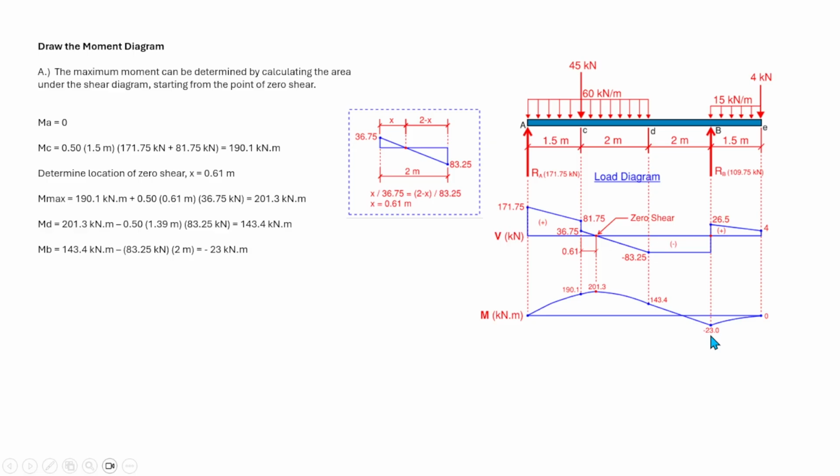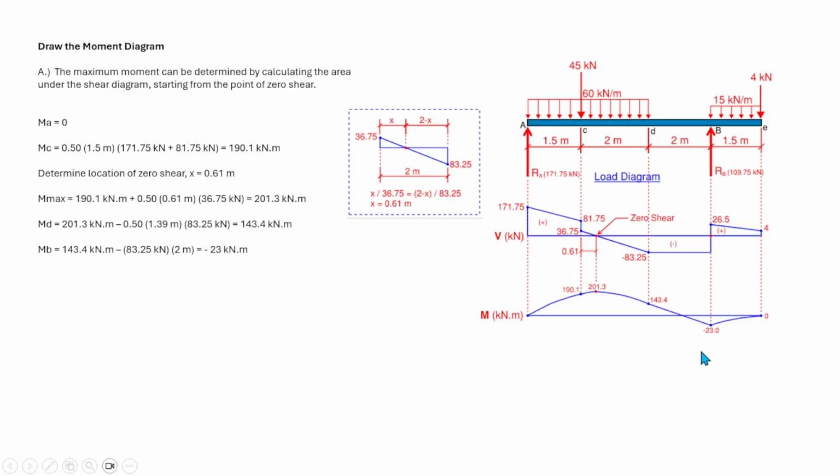And this value, negative 23, should also be equal if we sum up moments at the face of the cantilever beam. If it so happens they are not equal, then you will need to check the calculation. Maybe there is some error or mistake.